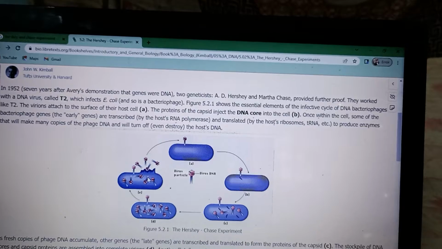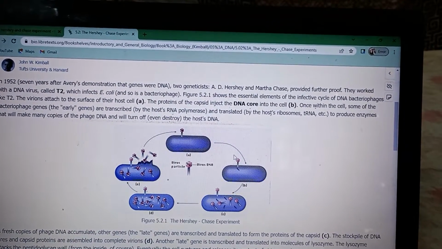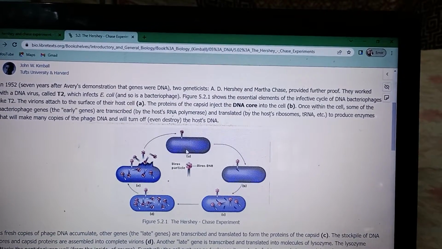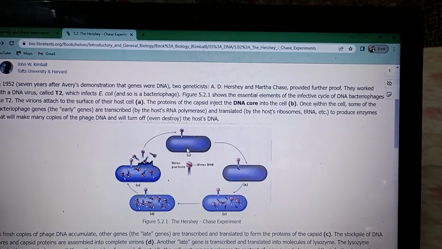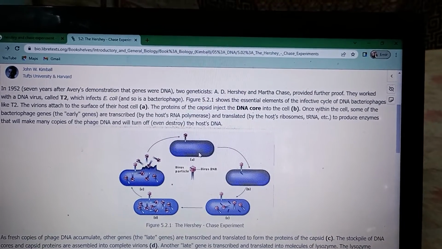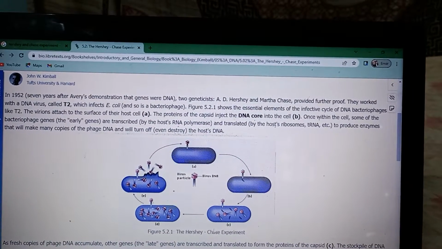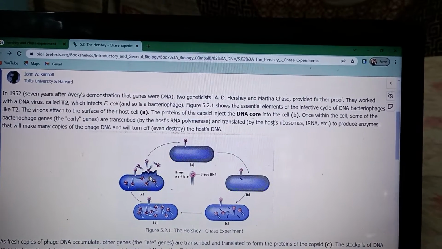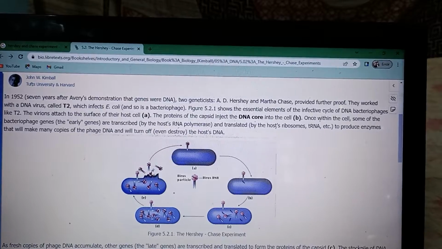So what the whole experiment concludes is that when the phage DNA enters the host cell, it completely takes over the host mechanisms in order to replicate the phage DNA and phage particles. So completely, the bacterial cells produce their offspring, like phages, T2 phages.